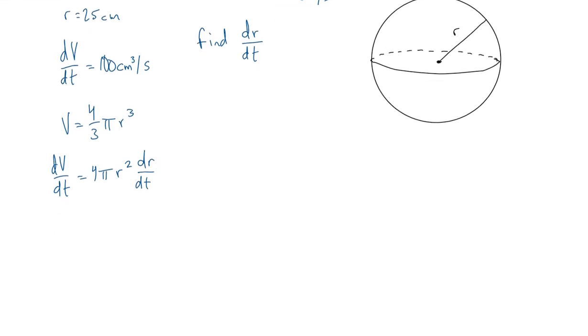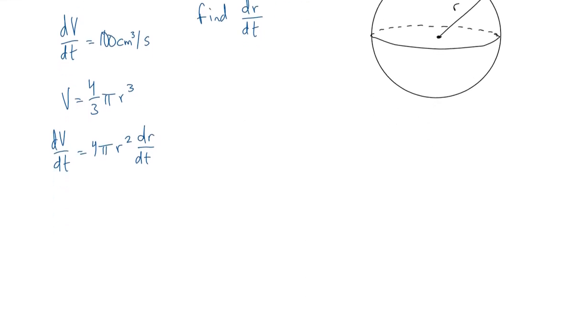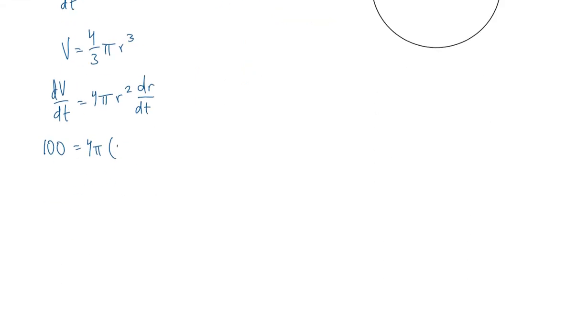Okay, now I'm going to sub in. dv by dt is 100. r is 25. Okay, and now we're just going to move things over and isolate for dr by dt. And you don't need to show a lot of steps here. You can do this sort of as fast as you want.